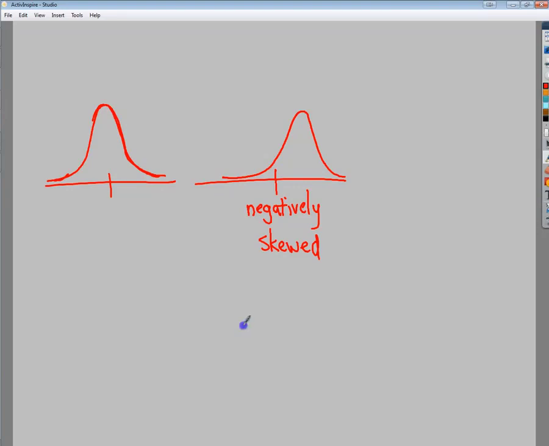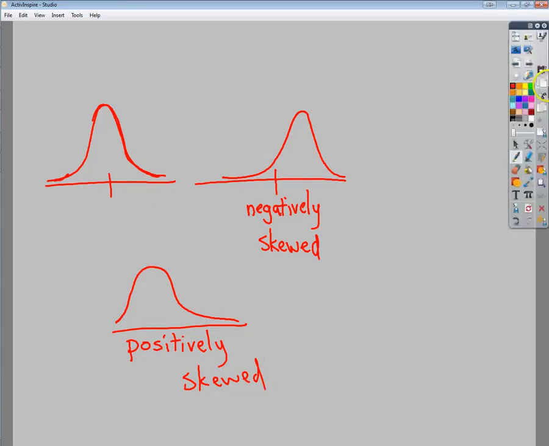Or of course, you could have the opposite, a skew to the positive. This is positively skewed data, which means there are a few points that are really positive that are pulling up the overall set. But what we're talking about is normal distribution.